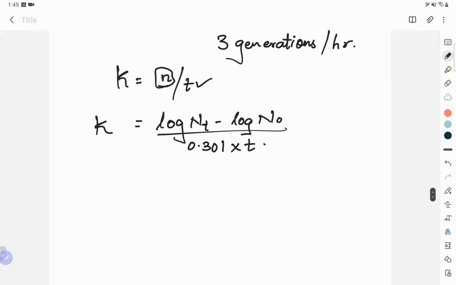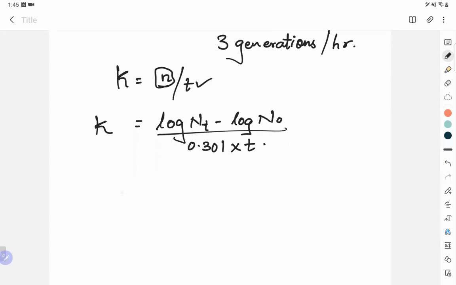Okay. Now let us assume that we are trying to find out what is the minimum time that is required for a population to double up. So we are concerned only with basically understanding that if a population had 20 cells in the beginning, how much time does it take to become 40?